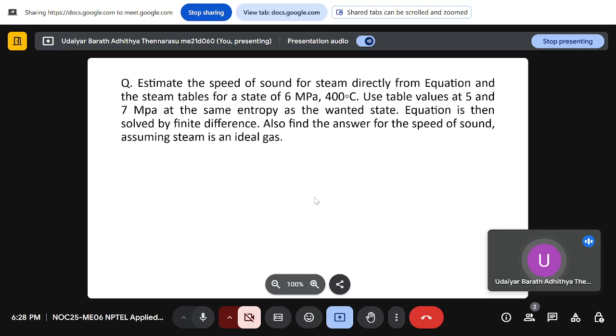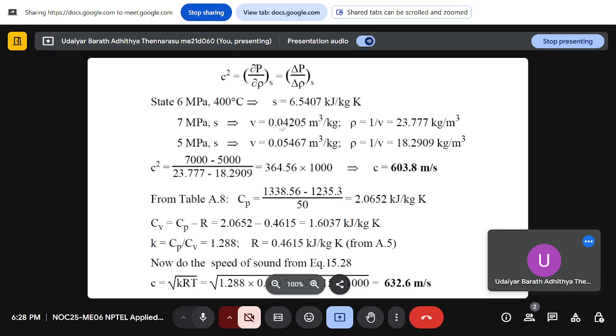We need to find from the table using pressures of 5, 6, 7 using a finite difference, assuming same entropy, find the speed of sound, and then compare both the answer values. So c square is nothing but dou p by dou rho. Root of c is root of dou p by dou rho, or you can write delta p by delta rho.